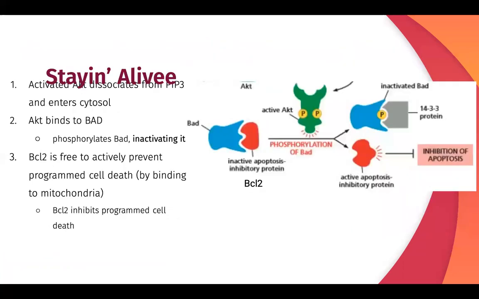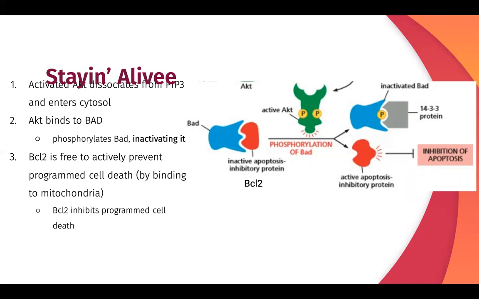And AKT goes into the cytosol and binds to BAD. So BAD is normally active and inhibiting BCL2. BCL2 is the apoptosis inhibitory protein, which means it inhibits apoptosis. So obviously, if we want our cell to survive, we want BCL2 to be activated.